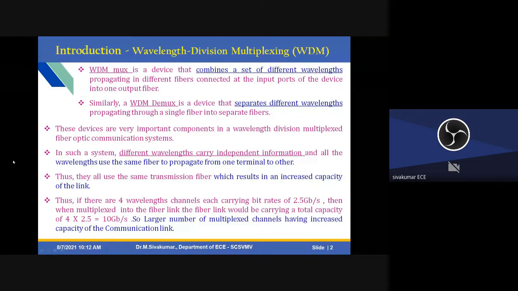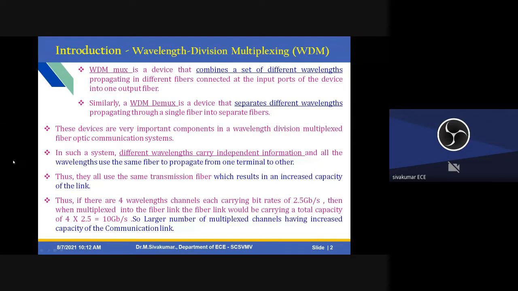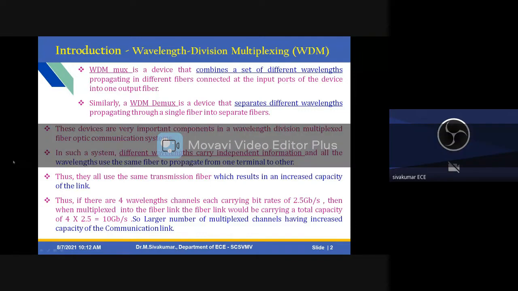It's a single input to multiple outputs, in this manner. This is the demultiplexer concept. These devices are very important components in wavelength division multiplexed fiber optic communication systems. In such a system, the different wavelengths carry independent information, and all the wavelengths use the same fiber to propagate from one terminal to another terminal.